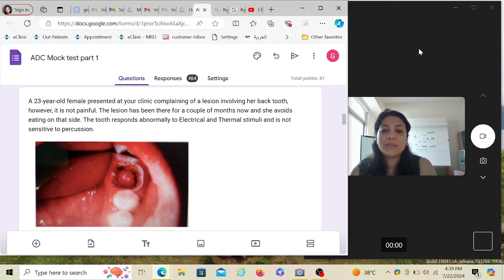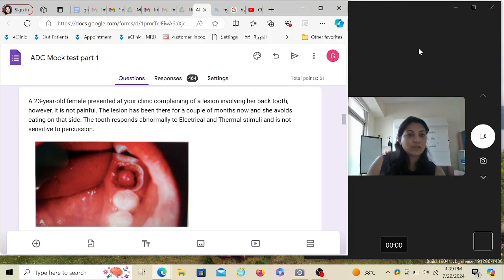The tooth responds abnormally to electrical and thermal stimuli and is not sensitive to percussion. Not sensitive to percussion means no periapical infection happening so far. You all know, I assume, the pathology of chronic irreversible pulpitis. It's basically a low grade infection and the pulp is fighting back.